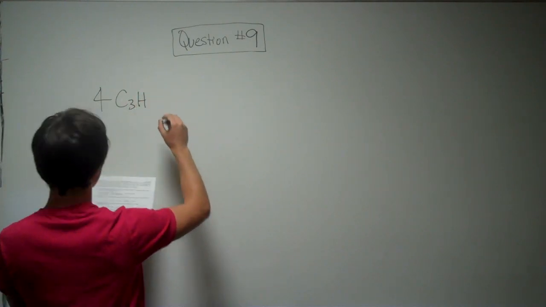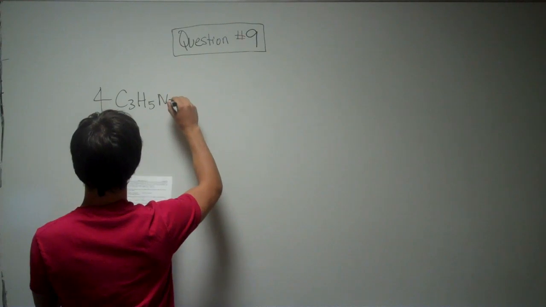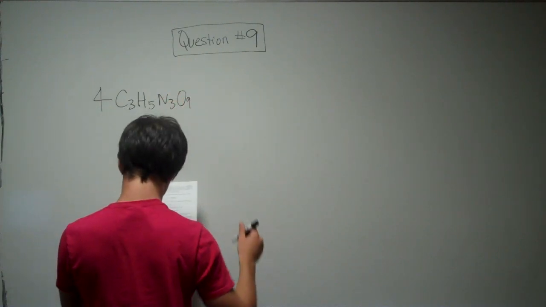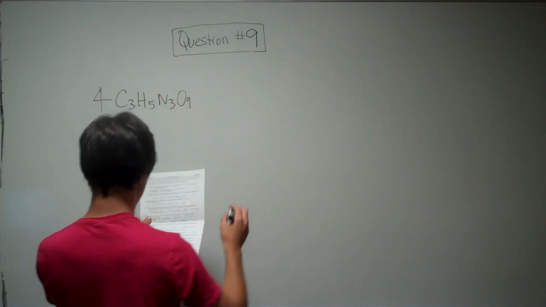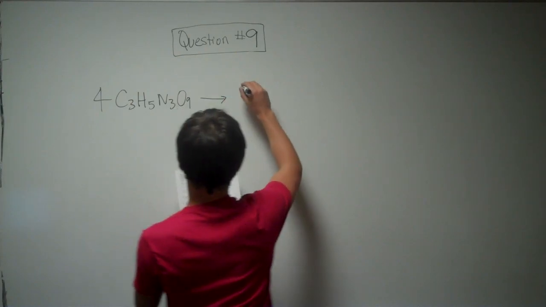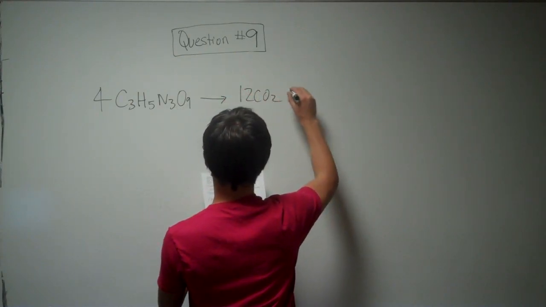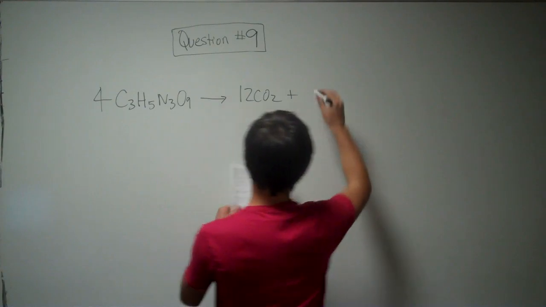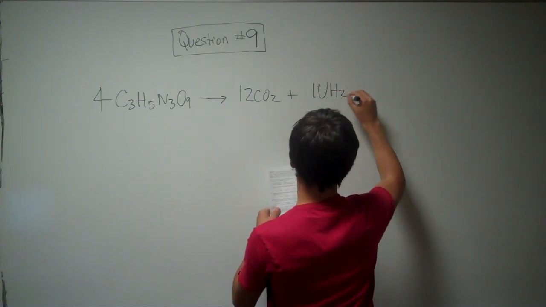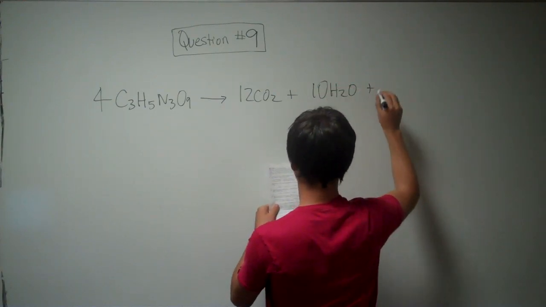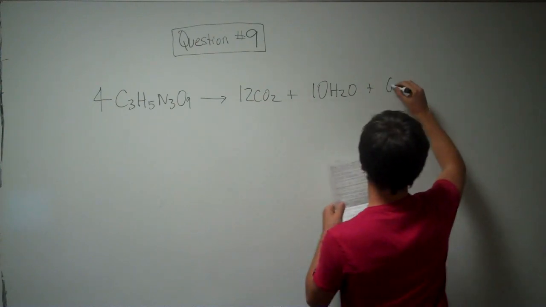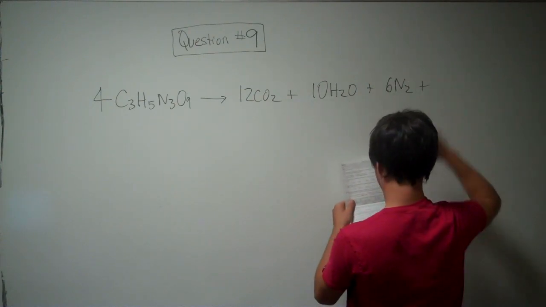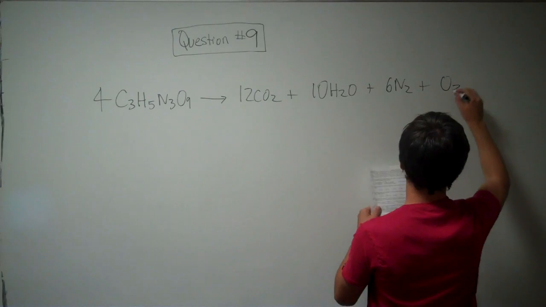Nitroglycerin decomposes to form 12 carbon dioxides plus 10 waters plus 6 nitrogens plus 1 oxygen.